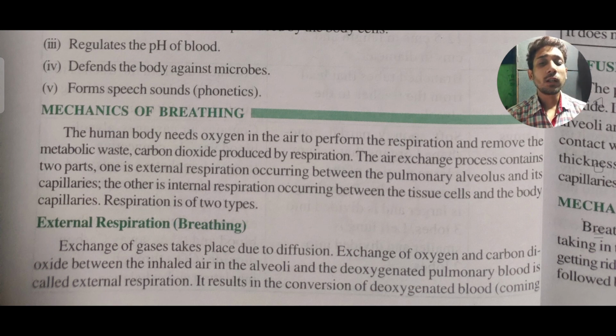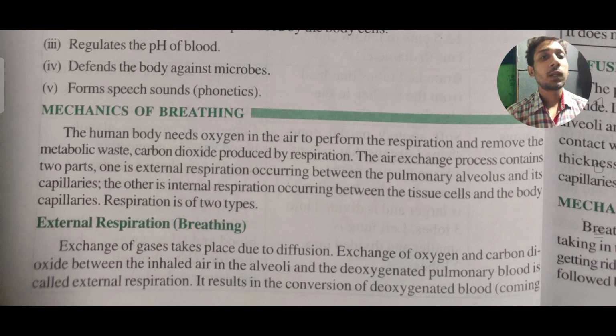Diffusion means there is a semipermeable membrane, and through this membrane the exchange of oxygen and carbon dioxide takes place, where the air inhaled by us goes into the alveoli, and thereafter the carbon dioxide from the deoxygenated blood is removed.